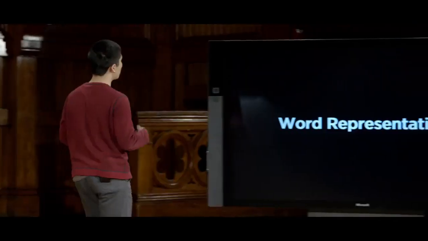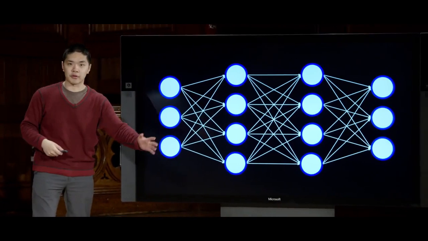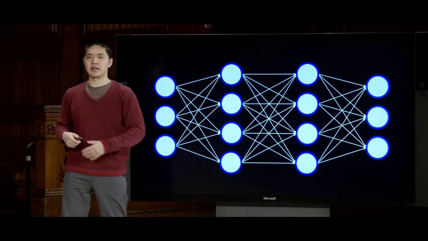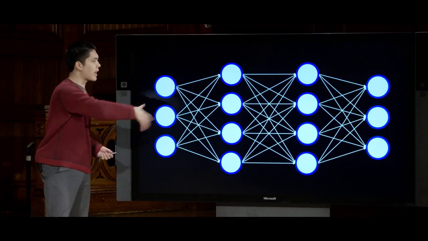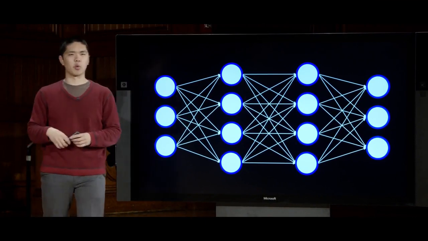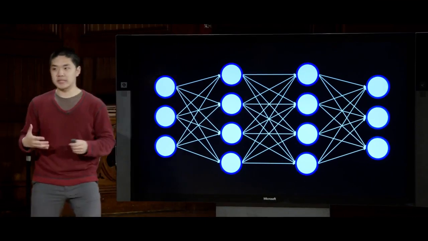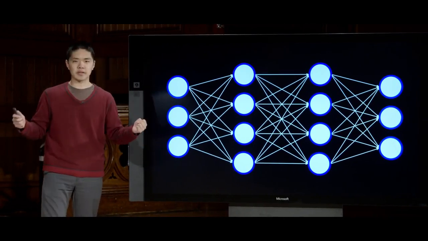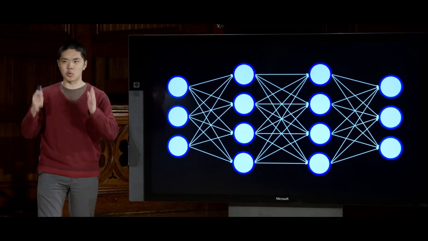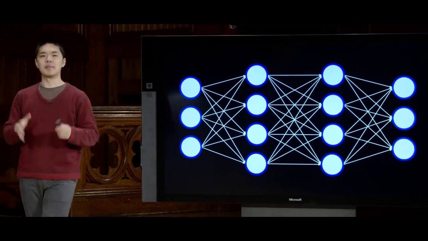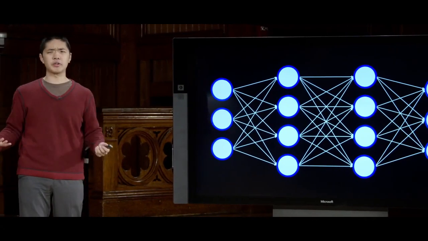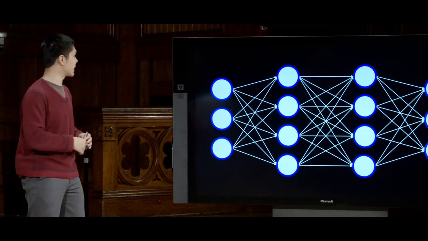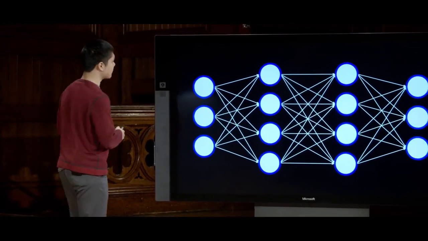And if we ever want to pass words into a neural network, for instance, to be able to say, given some word, translate this sentence into another sentence, or to be able to do interesting classifications with neural networks on individual words, we need some representation of words just in terms of vectors. A way to represent a word just by using individual numbers to define the meaning of a word. So how do we do that? How do we take words and turn them into vectors that we can use to represent the meaning of those words? Well, one way is to do this.